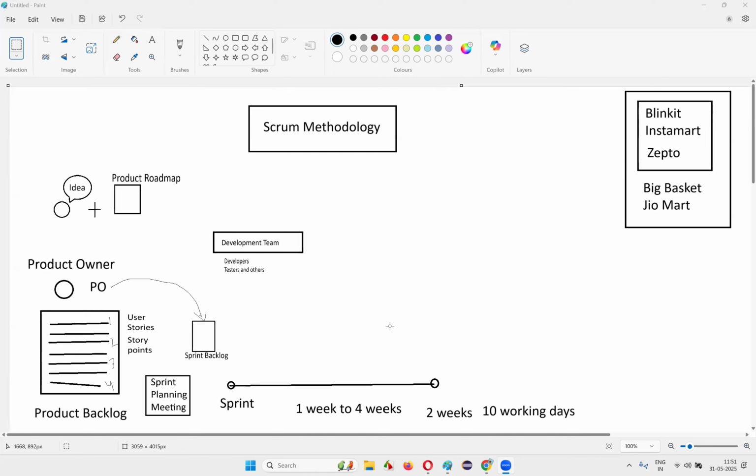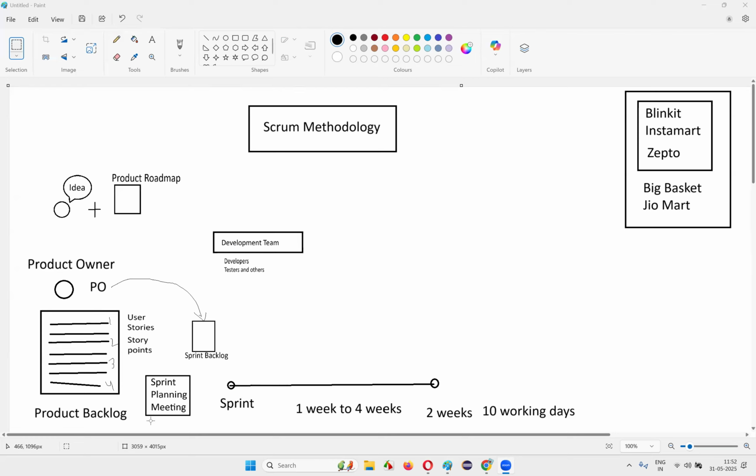Instead of the product owner directly assigning the user stories to the sprint, which sometimes makes the development team overburdened, the development team is also involved in this meeting. Developers and testers will also give their own estimates in the form of user story points, where both will be compared and some discussions will happen, where the product owner and development team need to come to a conclusion that okay, these are the stories we can do.